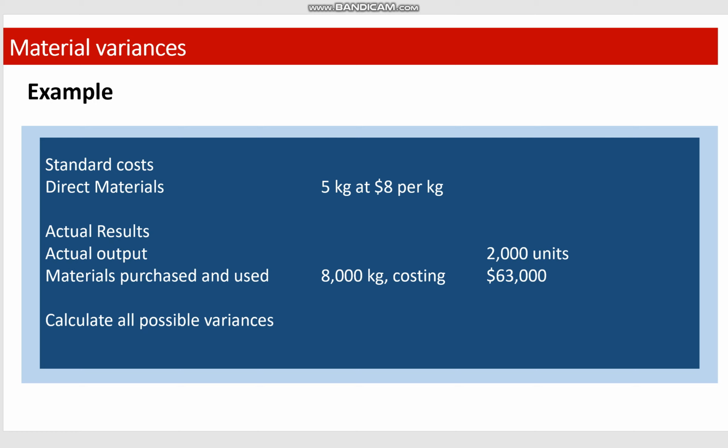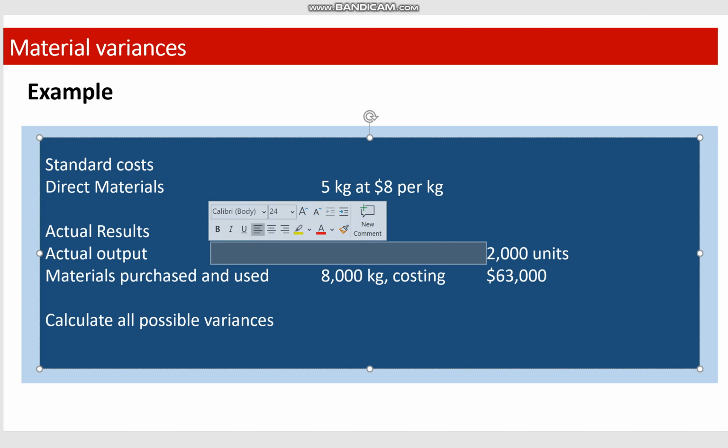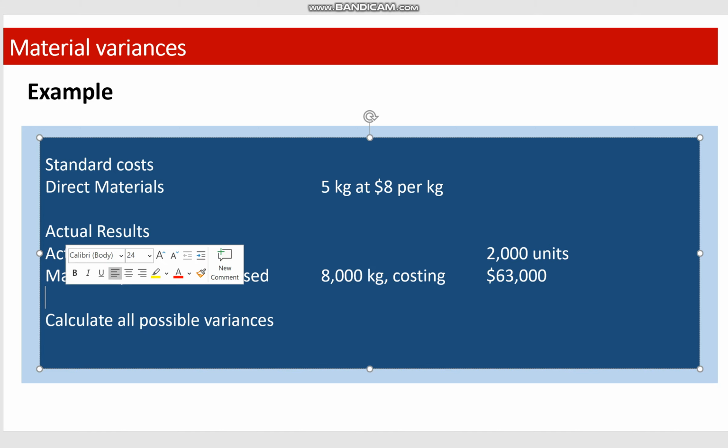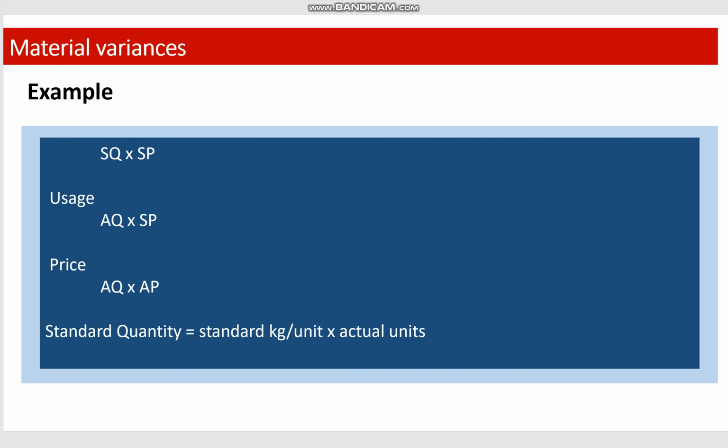This is simply representing direct materials to be used in one unit. Whereas the actual results are given as actual output of 2000 units produced, and for these 2000 units, materials purchased and used were 8000 kilos costing $63,000. Calculate all possible variances.